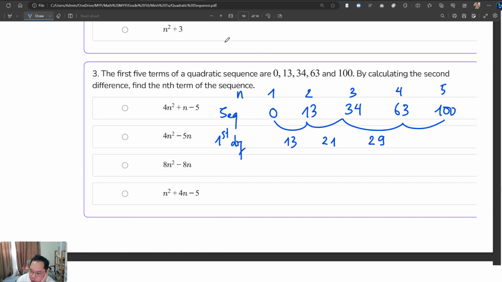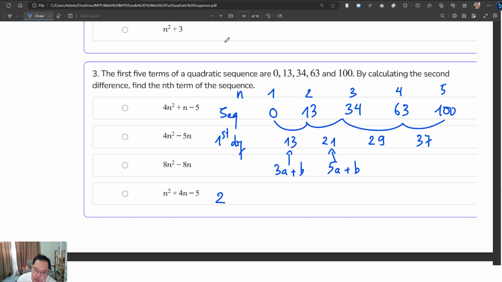And 63 to 100, I think that is 37. Okay, here's the differences. And try to memorize that this first difference is 3a plus b. The second difference here is 5a plus b.